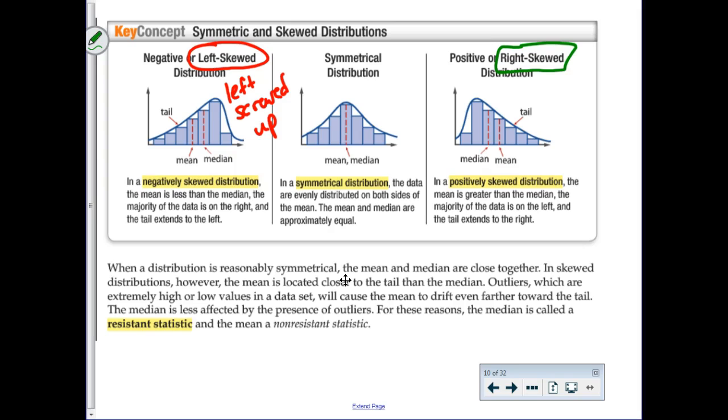The median is resistant to it though. It doesn't matter if you've got an outlier above and below your data. They're going to be negligible when you look at your data's median. So if you know you have data that is not resistant to pulls of the data, then you might want to consider looking at the median as your measure of central tendency as opposed to the mean.